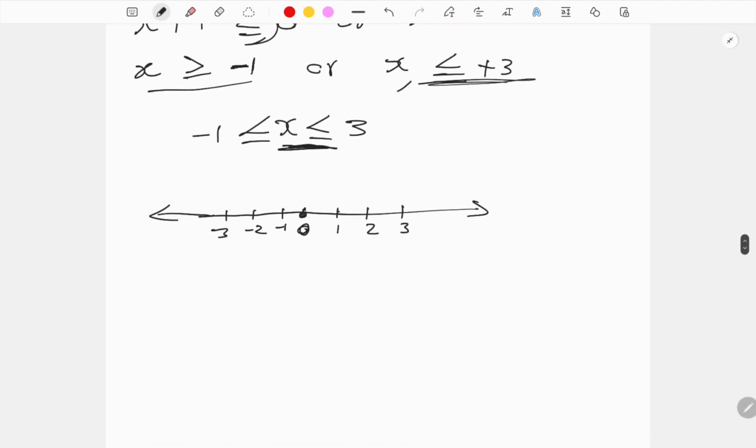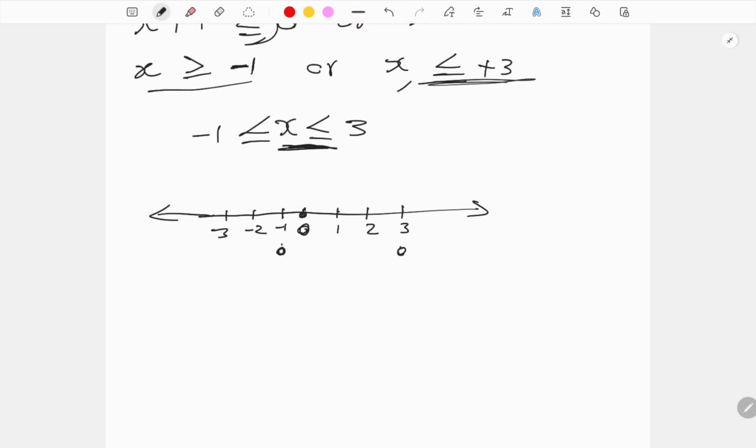Looking at this, x is greater than or equal to -1, meaning we draw our first point here because this is -1. Our second point is at 3.